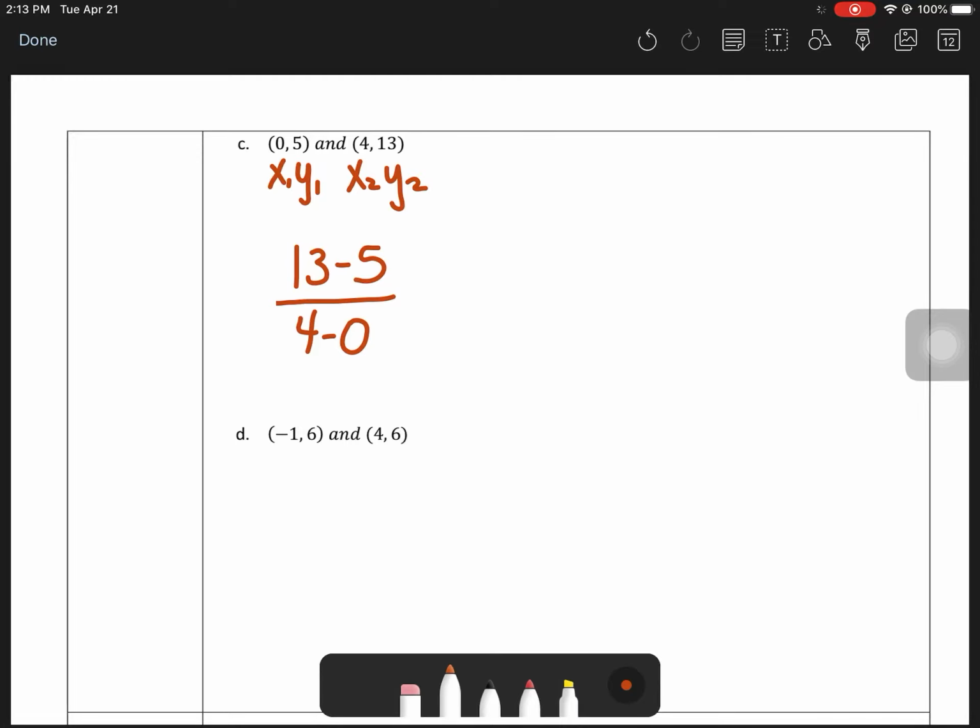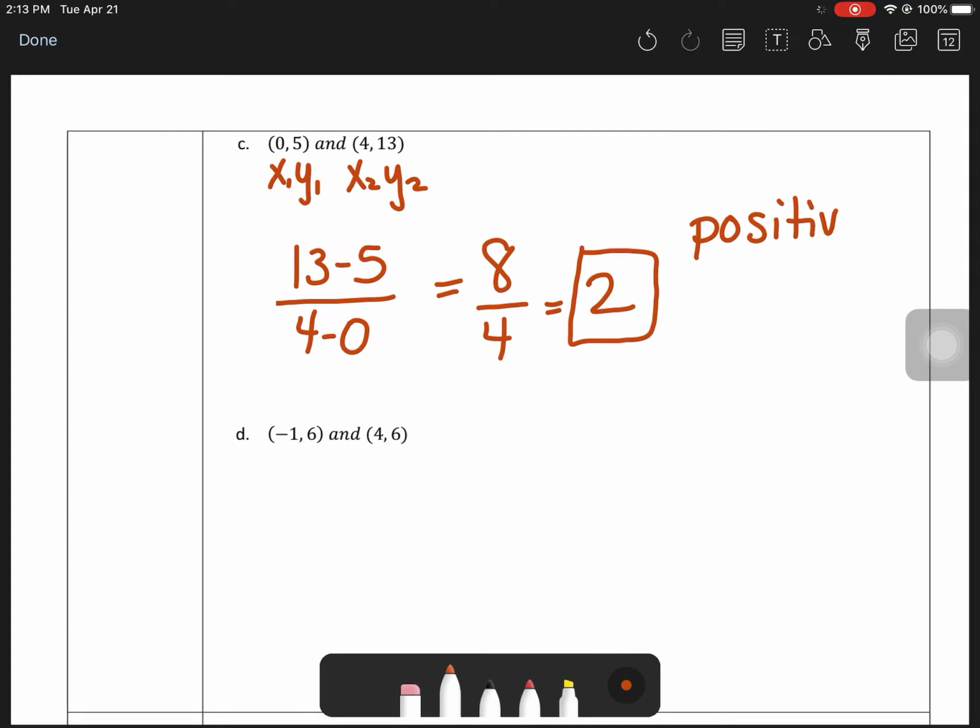Remember, they need to go in the same order: y2 minus y1, x2 minus x1. So 13 minus 5 is 8, and 4 minus 0 is 4, so our slope is 8 over 4, which reduces to 2. That's a positive number, so the positive slope is going to go up and to the right.